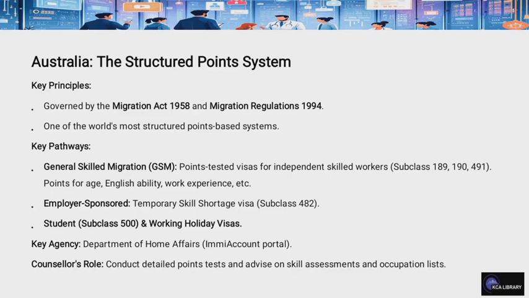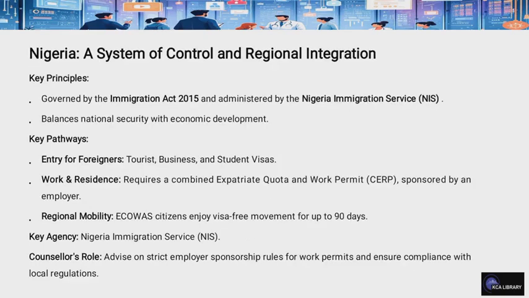Another pathway is student, and working holiday visa. Key agency includes the Department of Home Affairs, and the counselor's role is to conduct detailed points tests and advise on skill assessment and occupation list.